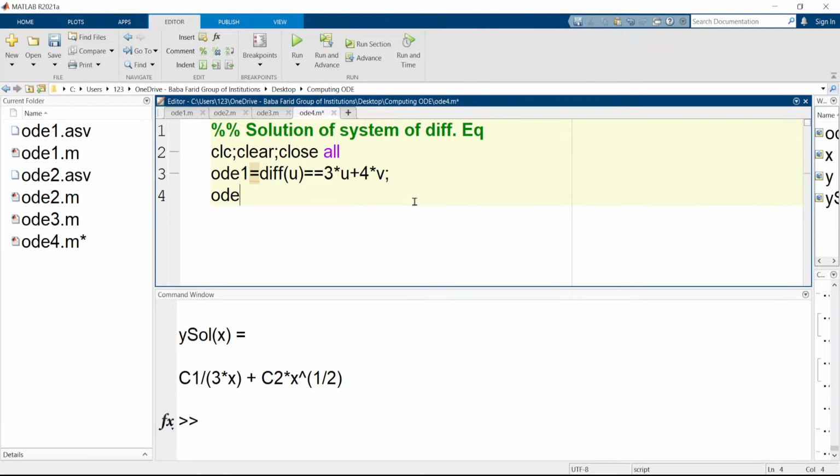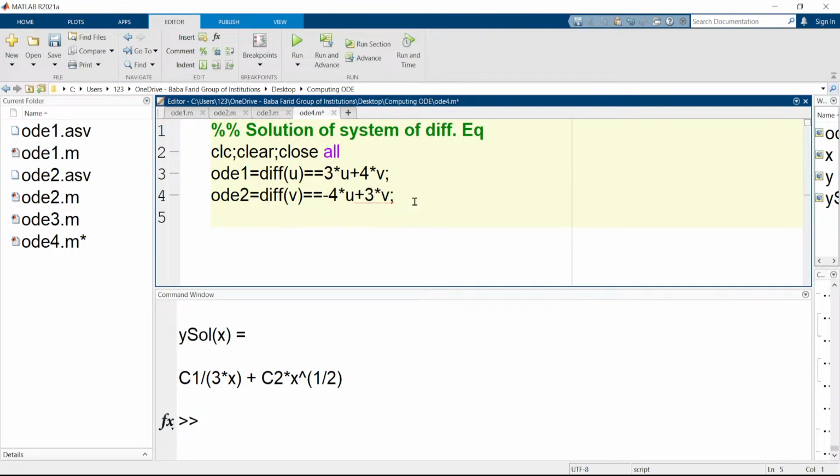Then we have ODE2 is equal to diff v is equal to minus 4u plus 3v, 3 product v.